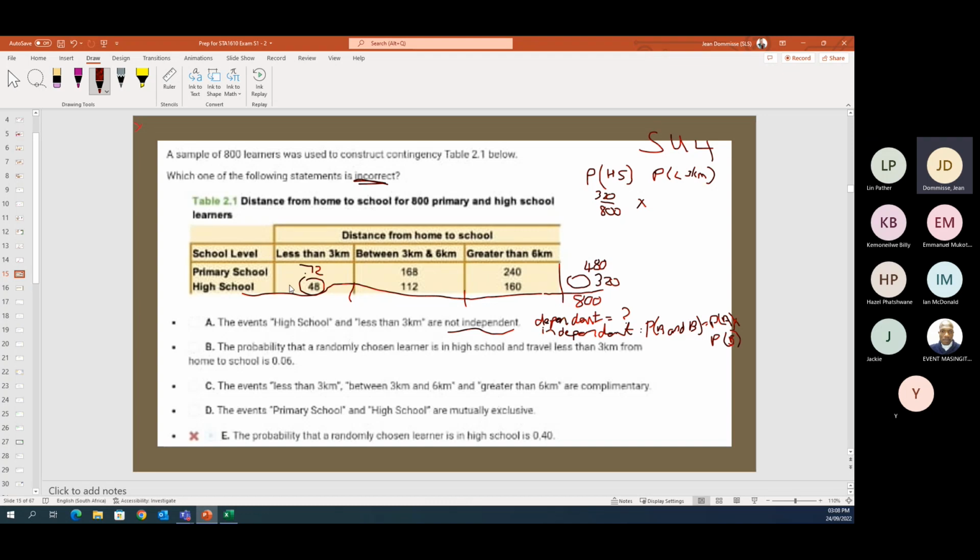Sure, this is a long question. So 72 plus 48 is 120. Then we need to say 120 divided by 800.